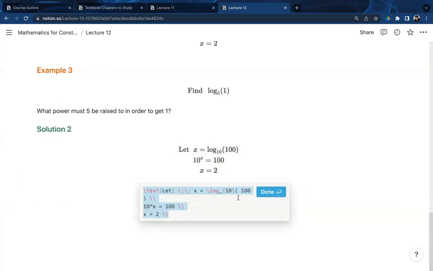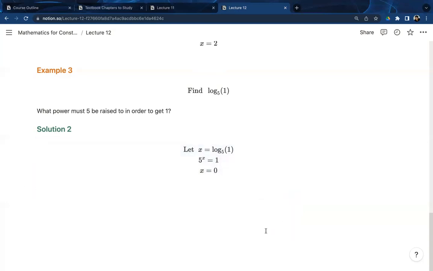So if I have log 5 of 1, rearranging this here, 5 to some power x is 1, right? We know the only thing that could be possible is 0, right? 5 to the 0. Does it matter what the base is here?